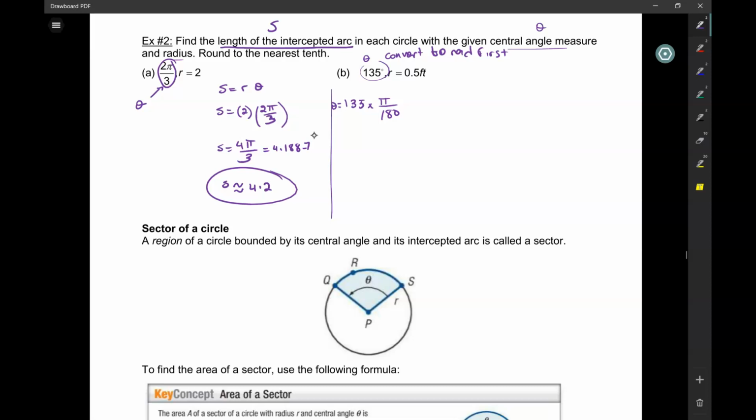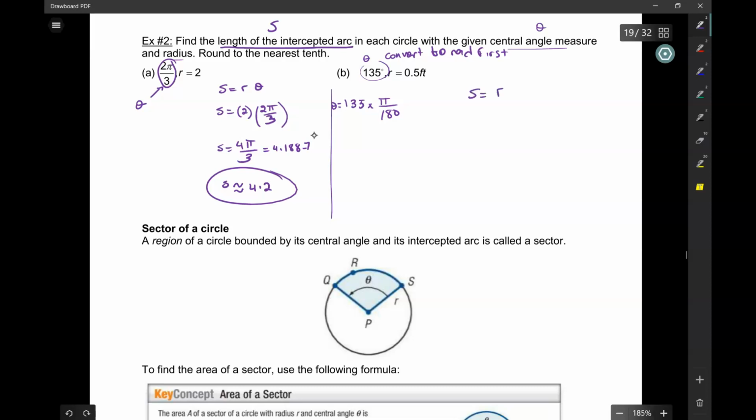That's for going from degrees to radian. Now, if you're using this as part of a solution, you could even just leave it like that, all right? And you could do this.